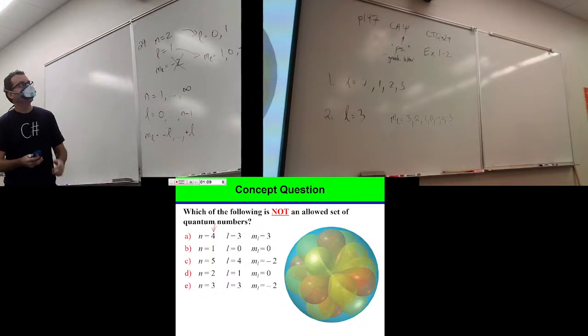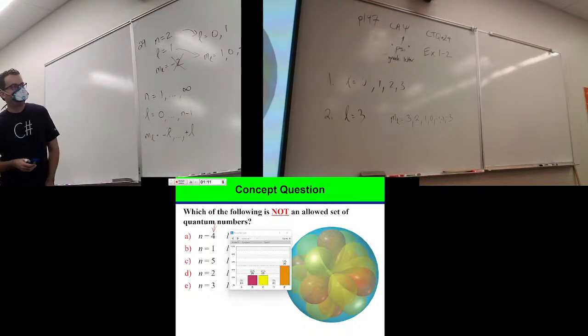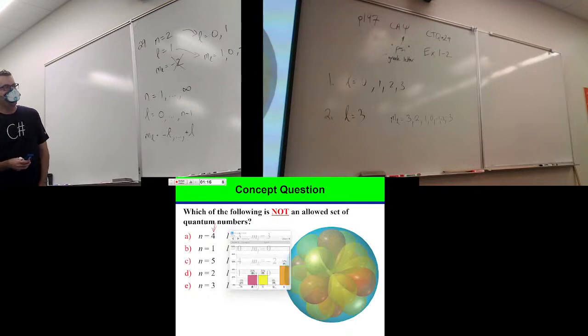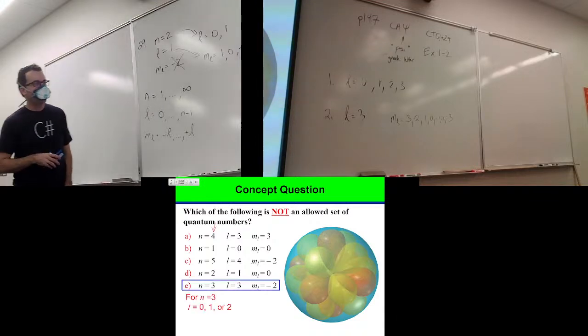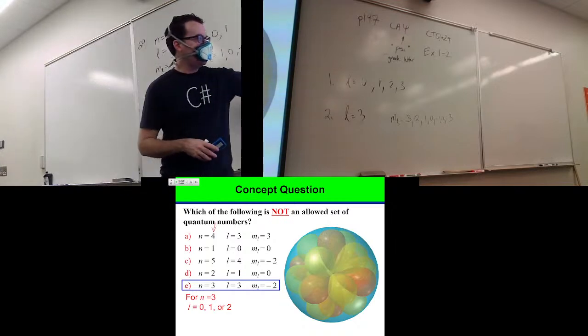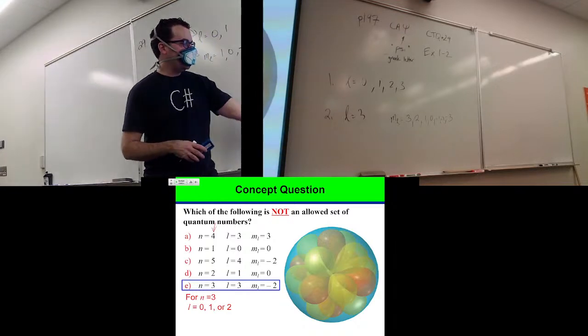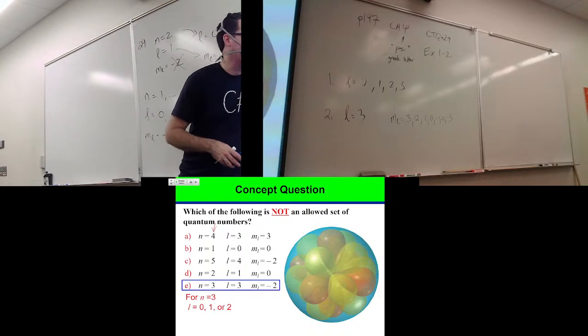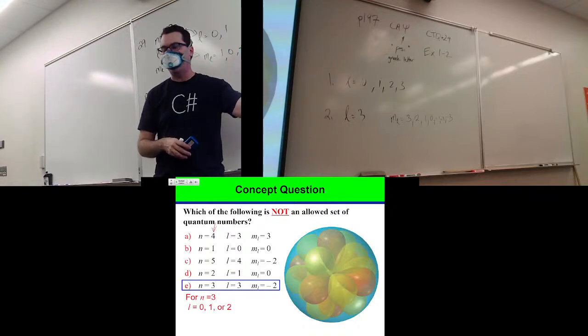All right. So we've got votes B, C, and E. Mostly E, though. And if you voted E, you would be correct. So the problem with E is when n is 3, the values for L can only be 0, 1, and 2, right? n minus 1 is the max for that.